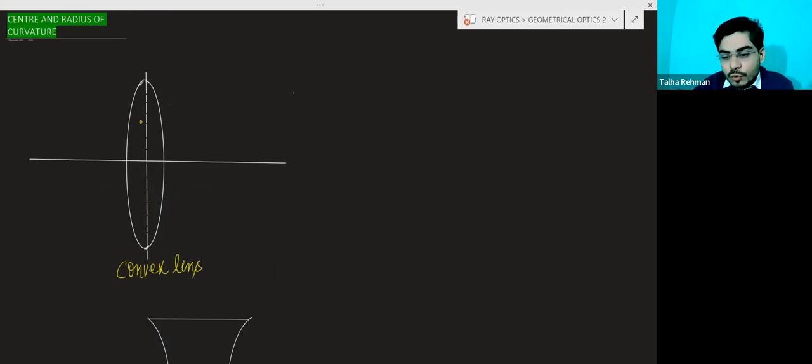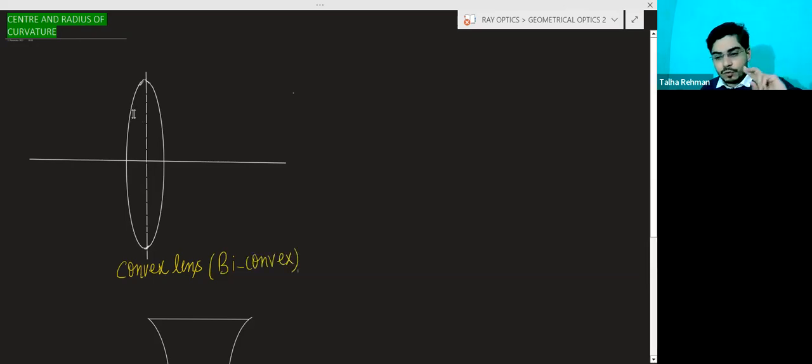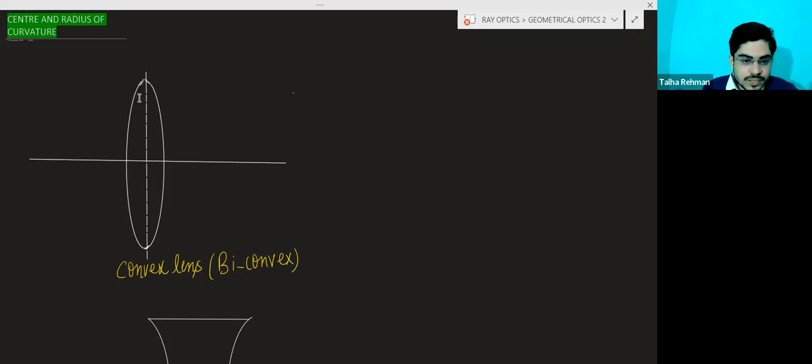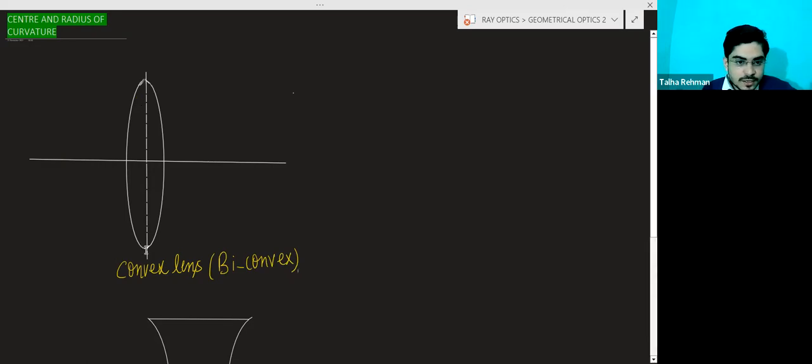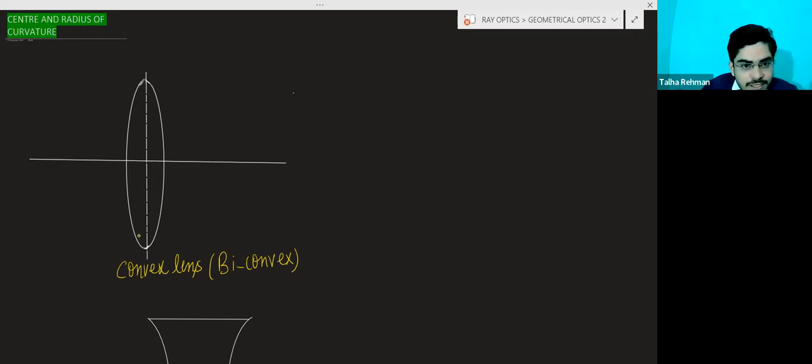More precisely, I can say this is a biconvex lens. Biconvex means both surfaces are convex, and convex means both surfaces are spherical. So the first surface is this. When you complete the sphere of this first surface, you will get a center.